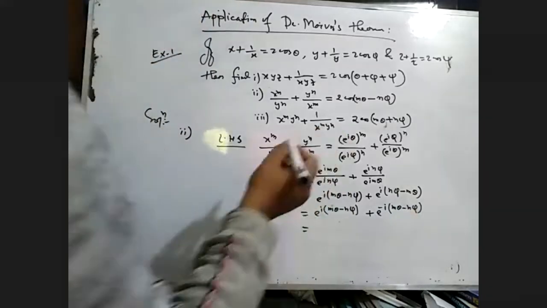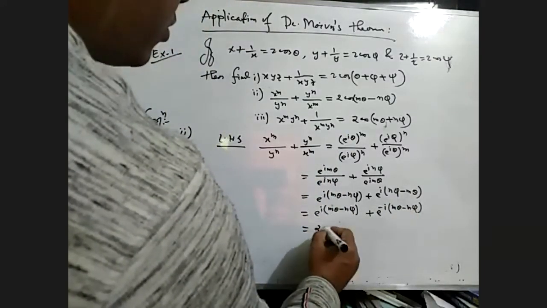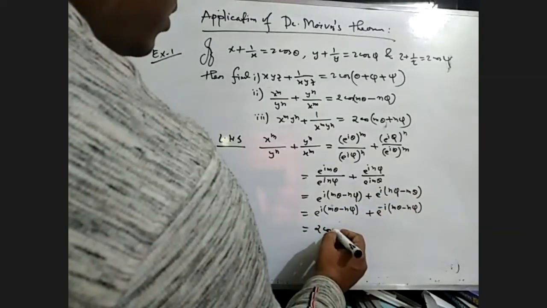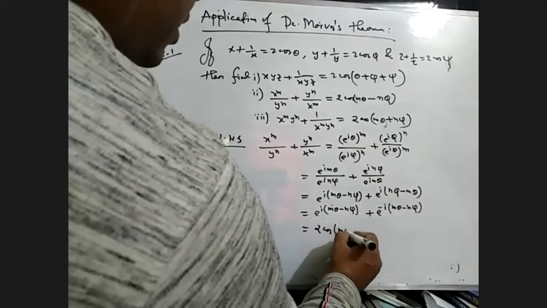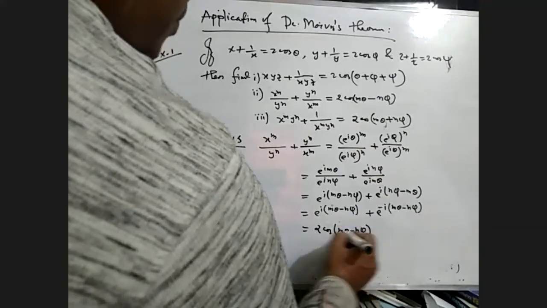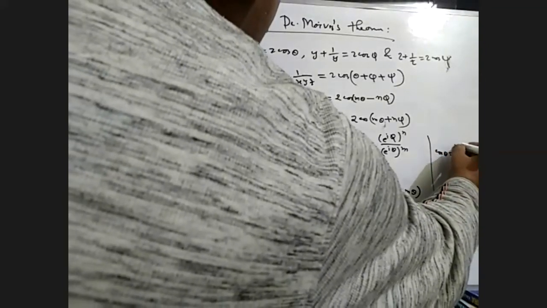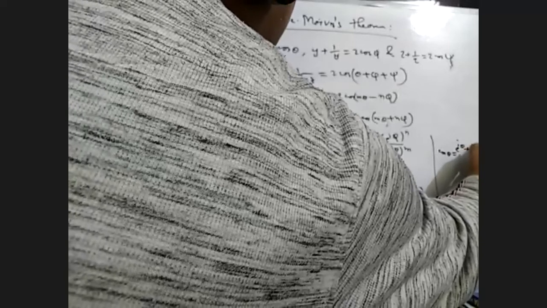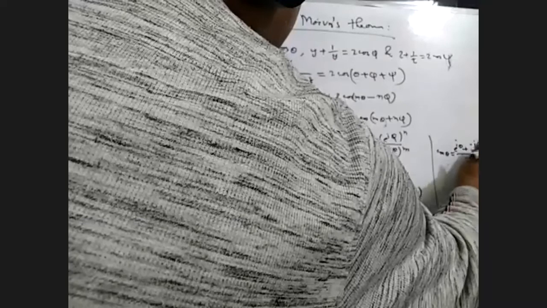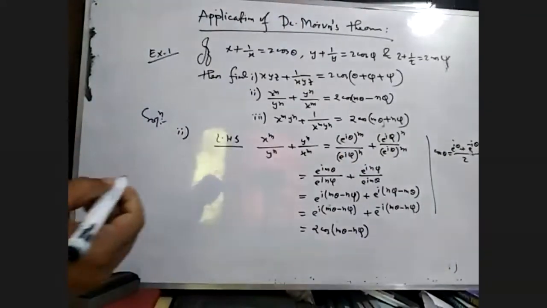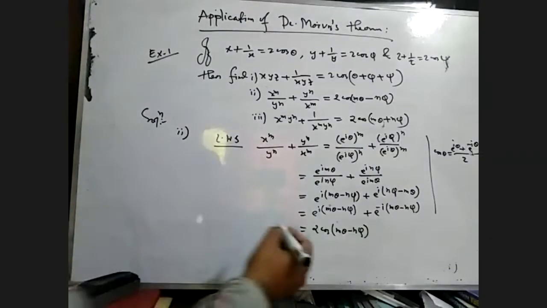So using the same formula, twice cos theta equals e to the power i theta plus e to the power minus i theta, what will be twice cos of (m theta minus n phi). Using the same formula, cos theta equals e to the power i theta plus e to the power minus i theta divided by 2. This is the right hand side.